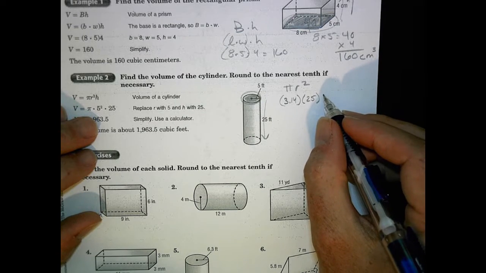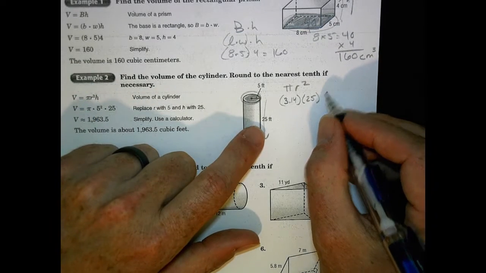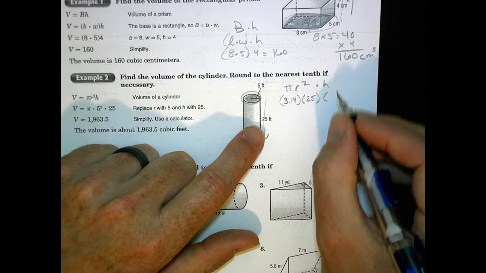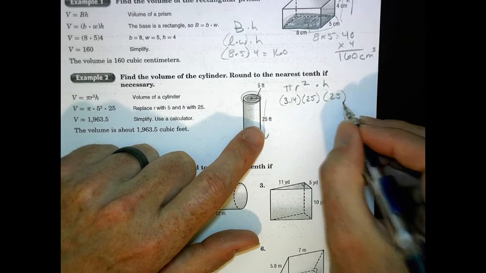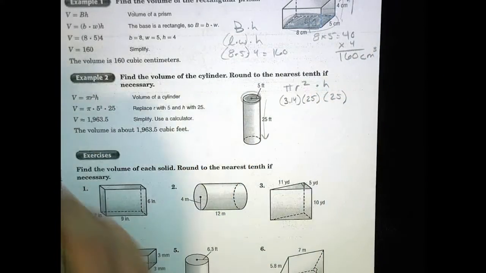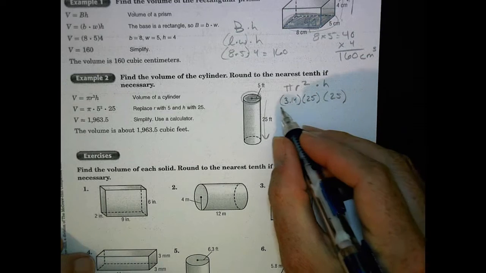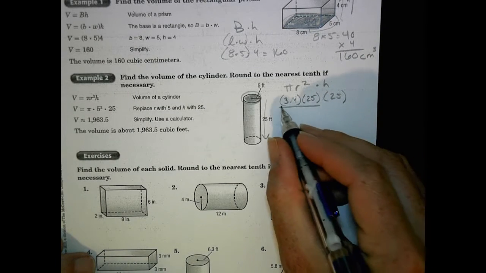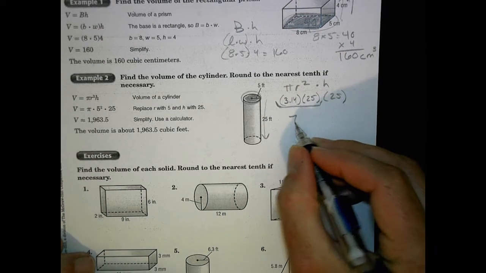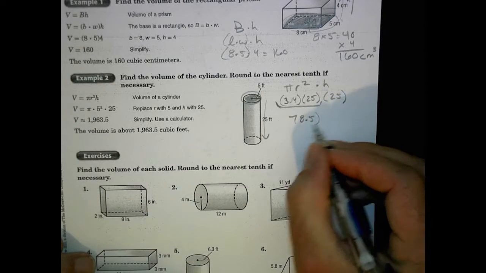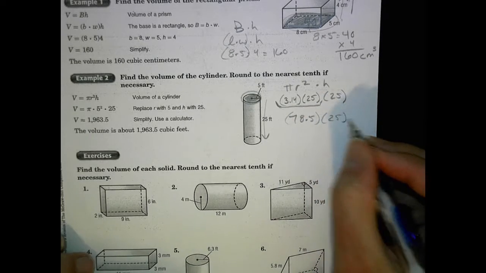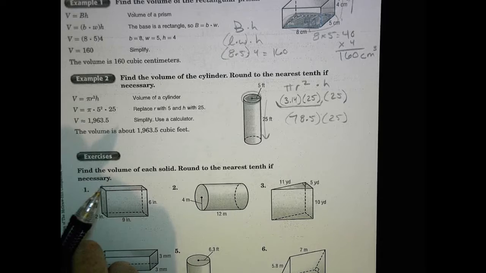Then we multiply that by the height, which is 25 as well. This becomes a definite calculator type of problem. So I'm going to do 3.14 times 25. The area part is 78.5, and I'm going to multiply that by the height, times 25.